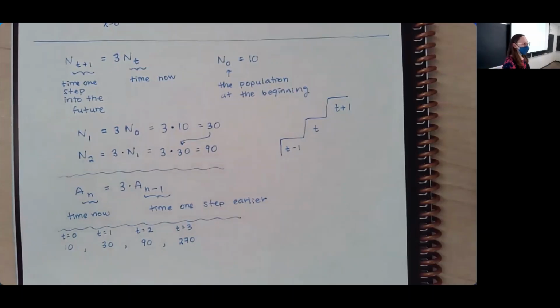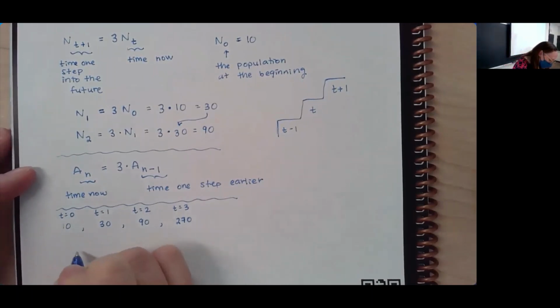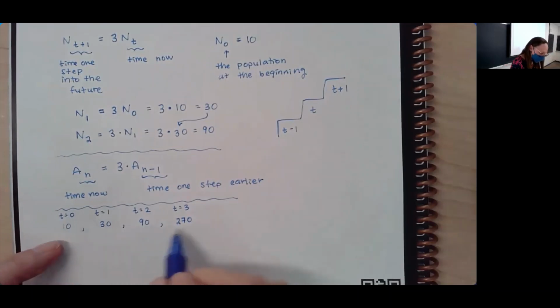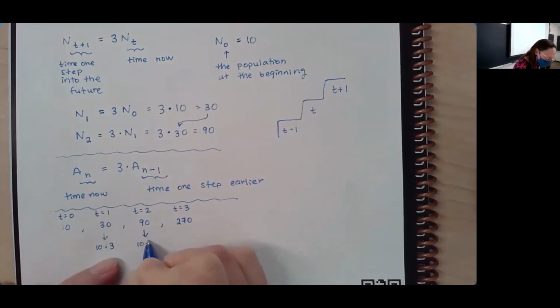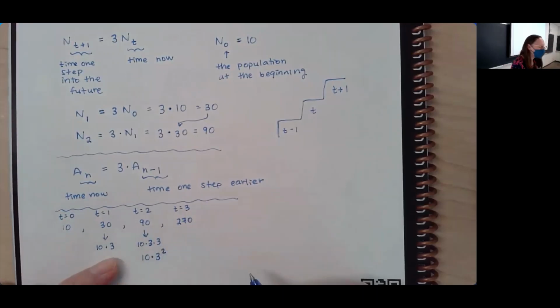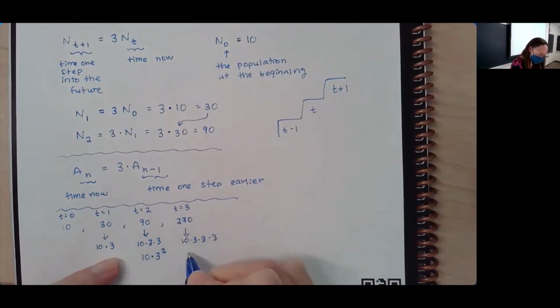So if I were trying to find a different way to write that out, since I'm tripling each time, I can think about that 30 as really being 10 times 3. And that 90 was 10 times 3 times another 3, or 10 times 3 squared. And that 270 was 10 times 3 times 3 times another 3, or 10 times 3 cubed.